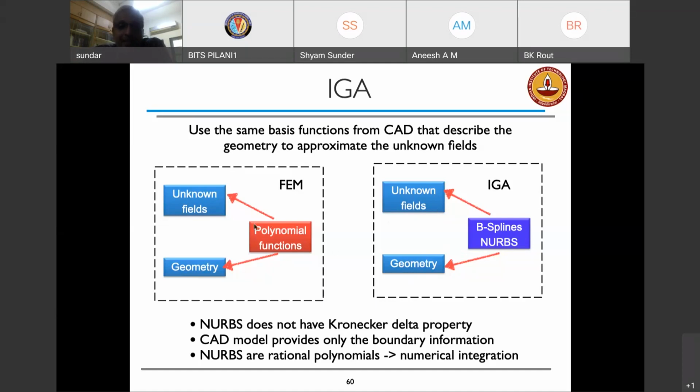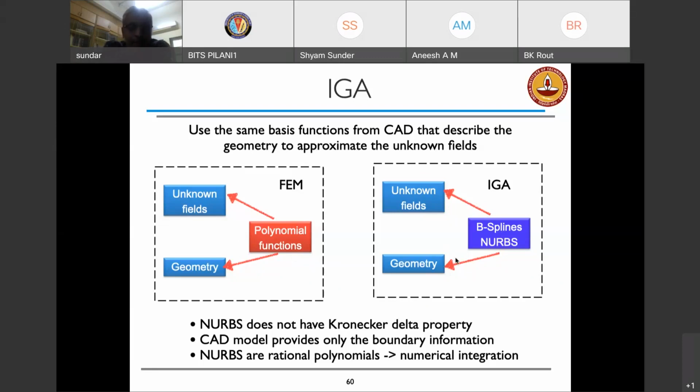In finite elements, the approximating functions are polynomials, whereas in isogeometric analysis, especially if you are using non-uniform rational B-splines, they are not simple polynomials. They are rational polynomials. Rational polynomials are those which have a numerator and a denominator, where both of them are polynomials.